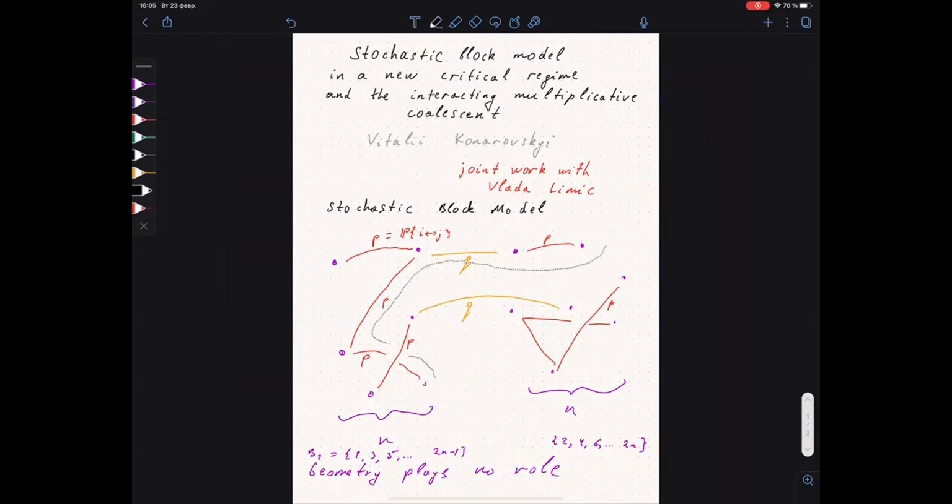Say that is one connected component, that is another one, and also a third connected component.